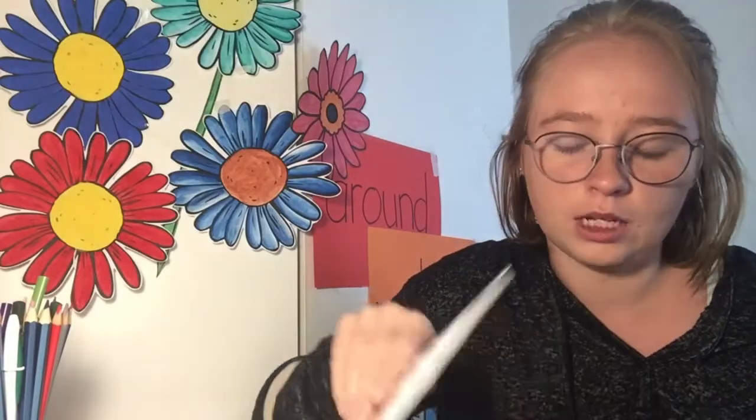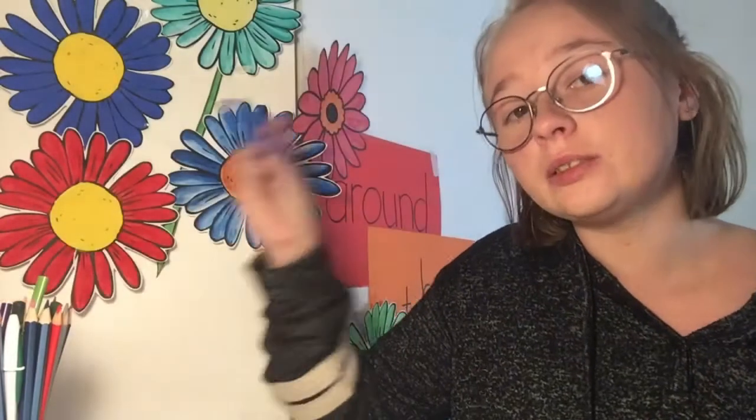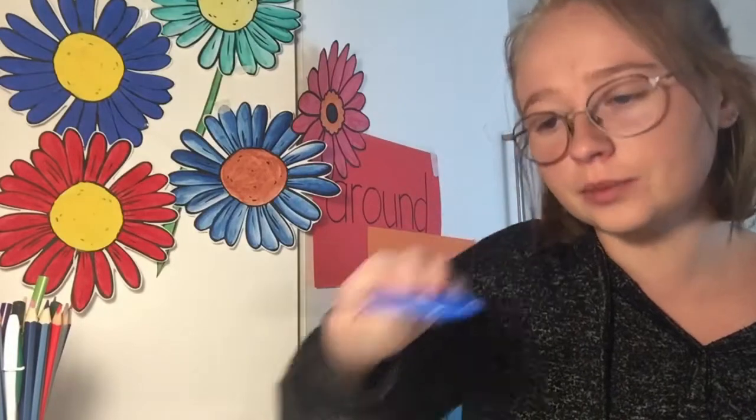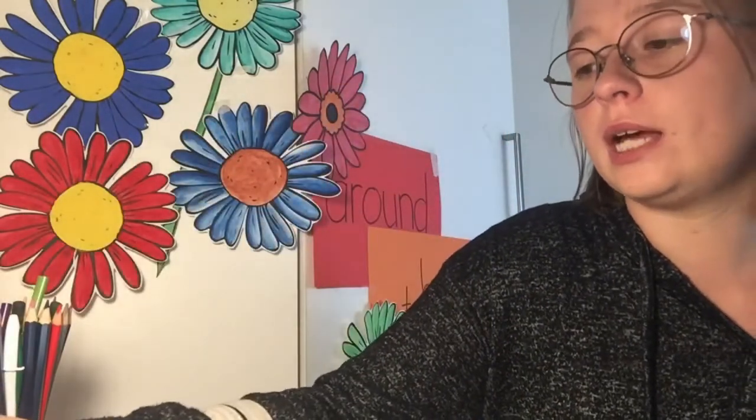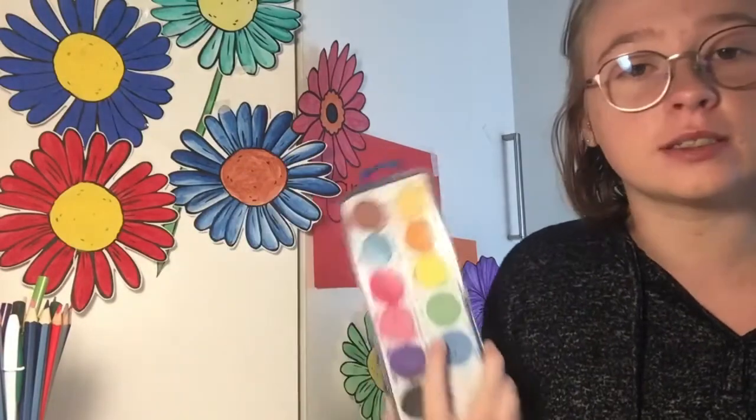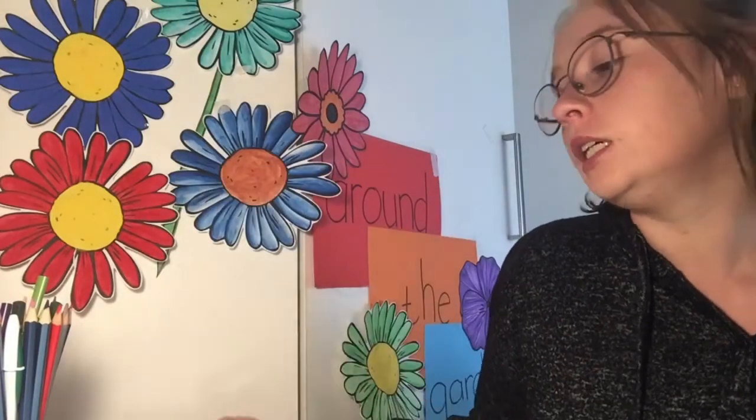So now, the third and final activity for today. We're going to practice our painting skills and our cutting skills. So you're going to need your scissors, paintbrush with some water, and any paint you have. I just have this one for today.